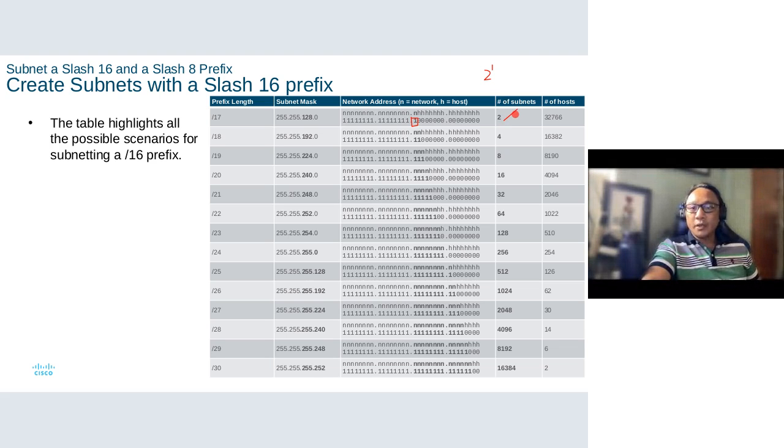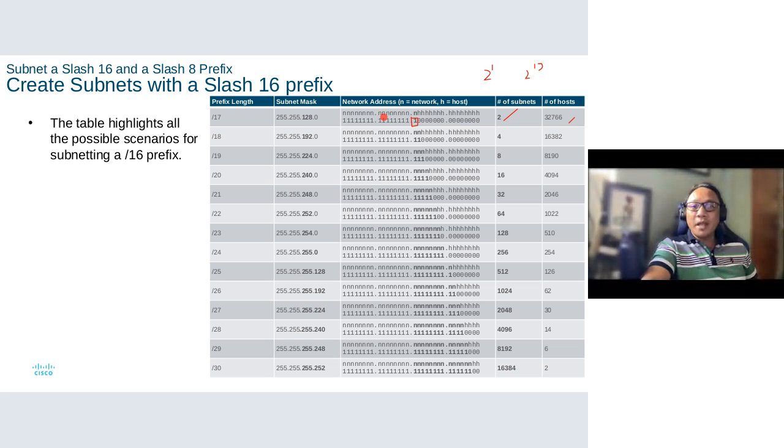What about the host? Sa host naman, bilangin mo yung 0, that's around 8 plus 7, that's 15. That's 2 raised to 15. So 2 raised to 15 is 32,766. Alright? So yun naman yung number of hosts.